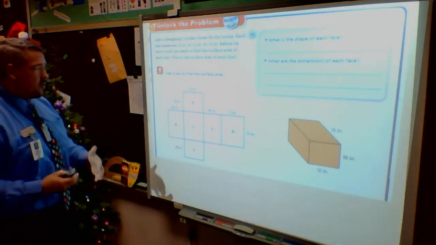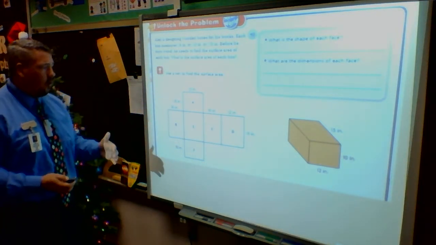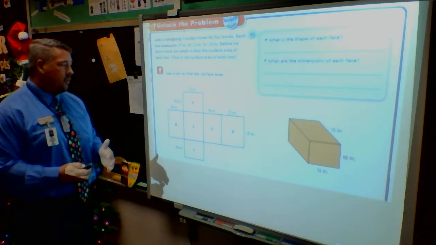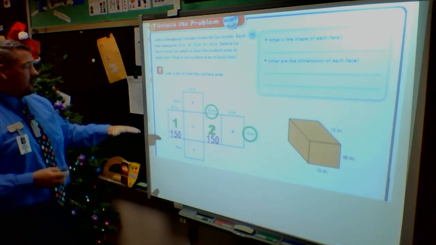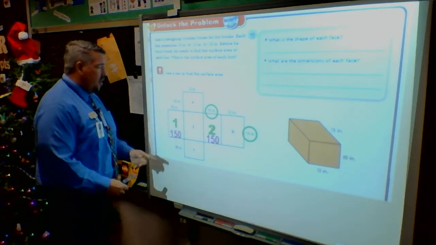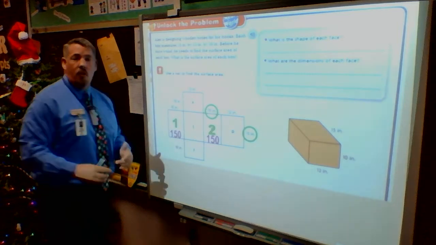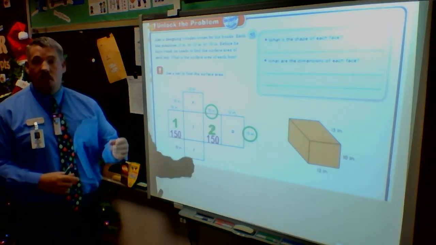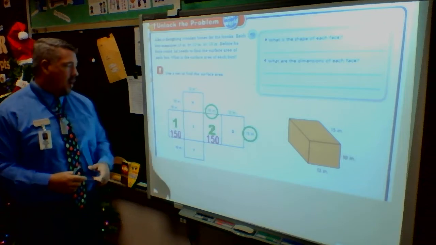The way the book is going to have you do it is finding all of the different areas and then adding those surface areas together. If I look at the shapes that are the same, starting at the end, I know 1 and 2 are going to be the same. I'm going to have 2 of the same, unless once again it's a triangular prism where the bases are triangles.